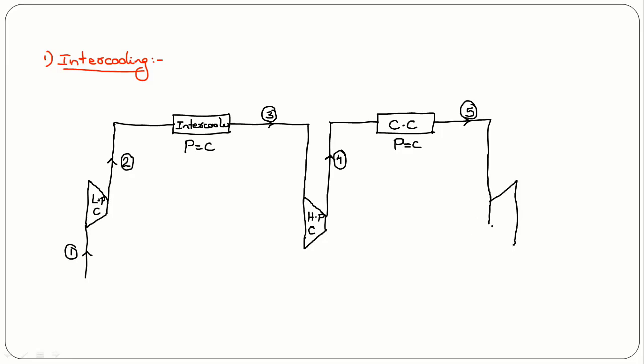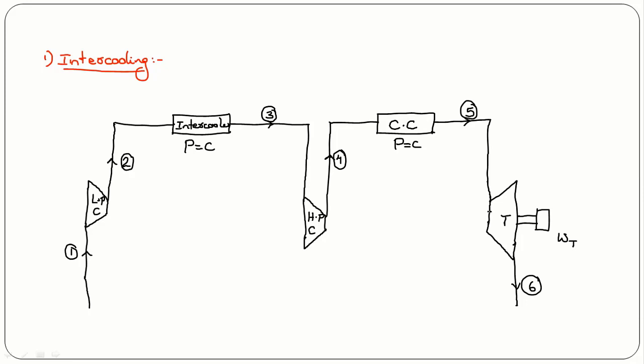Now this enters a turbine where expansion of the air takes place, and it comes out at condition 6. The output that we get from the turbine we call the gross work output, or work developed by the turbine.